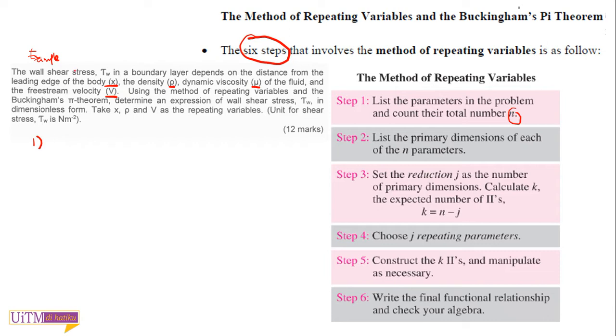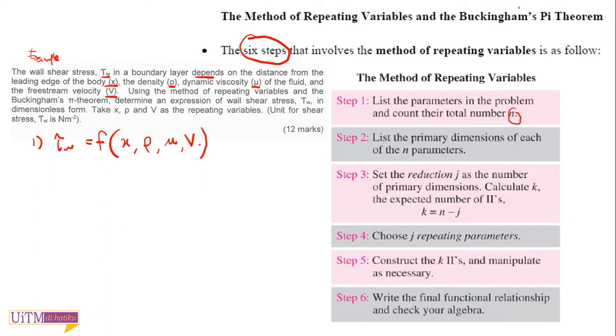So in this example, we have the shear stress. The shear stress is a function of, it says here, the wall shear stress depends on something. So it's a function of f, the distance x, second the density rho, third the dynamic viscosity mu, and the last one is the velocity v.